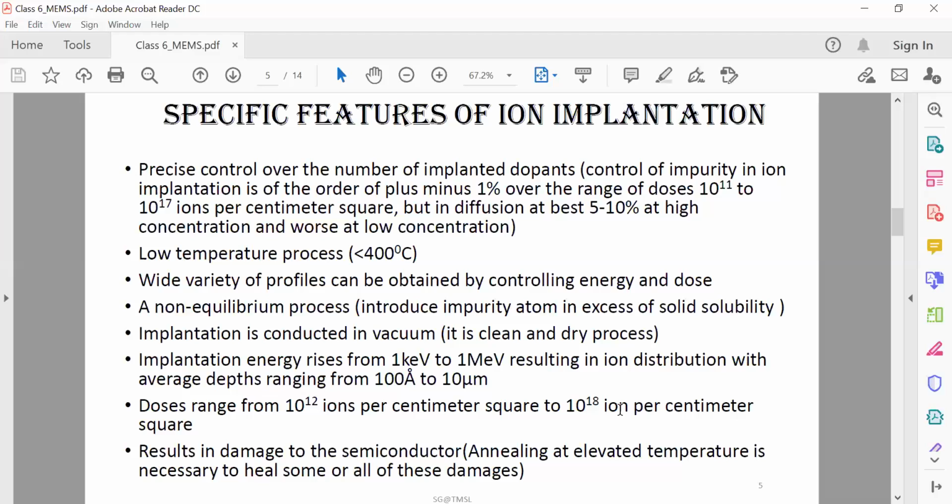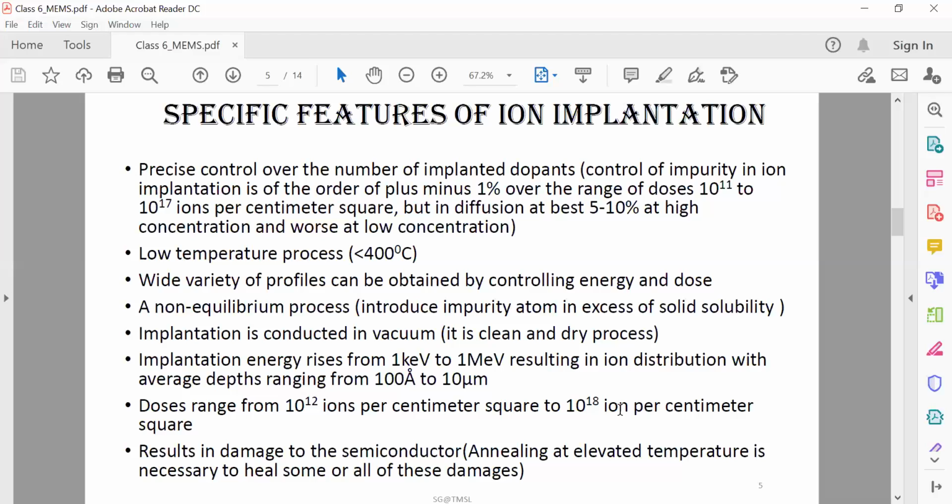So during the implantation process, because of the damage, the material may be amorphous in nature. How do we know this just after implantation? If we go for measurement of the sheet resistance, you cannot measure it because it is amorphous, but after annealing it will be recrystallized.